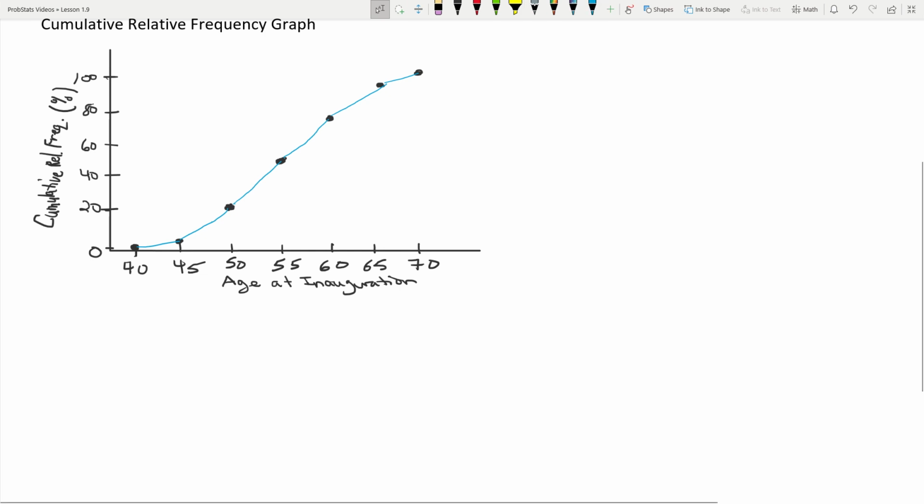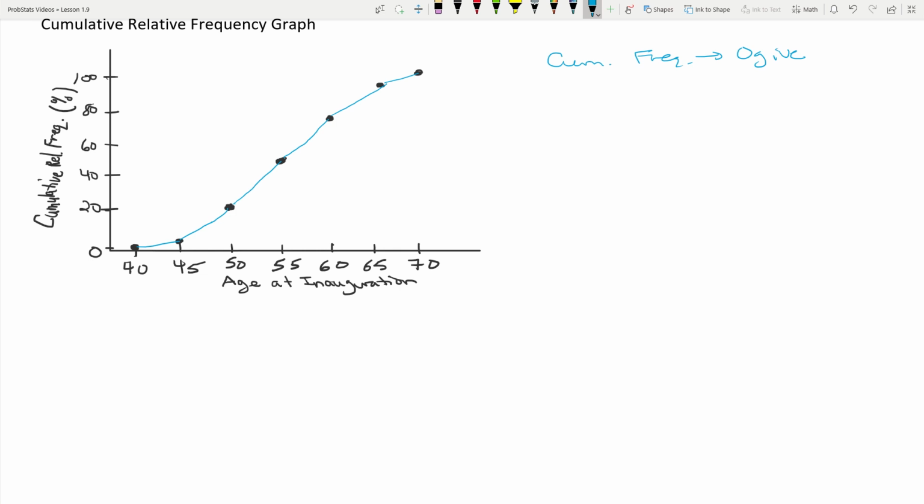All right, and now this kind of graph that we just drew is called an ogive. So that's how you pronounce that, ogive. An ogive is a cumulative frequency graph. In this case, we're talking about a cumulative relative frequency graph, but if you were to graph, more specifically, cumulative frequency, then we call that an ogive.